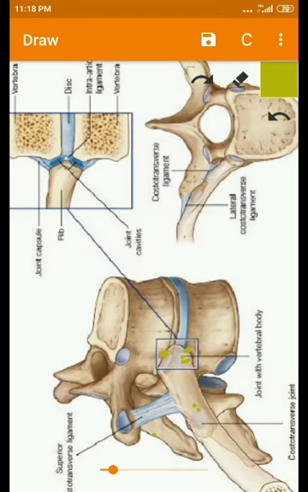Now the ligaments. Each joint is covered by a fibrous capsule, the fibrous sac enclosing the joint and connecting the articular margins.